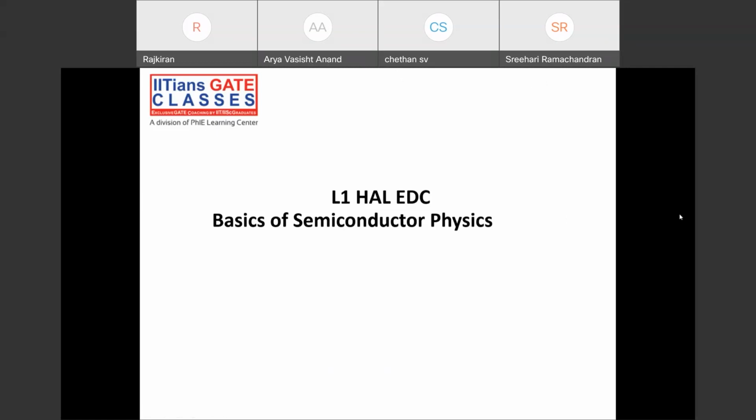Fine, you are absolutely right. But the thing is, what are the physics of the semiconductor? You need to understand it so that you can come up with new devices and new architecture that will reduce the size. This is only one aspect. You also want to reduce the power, consume less power, and get more functionalities, right?